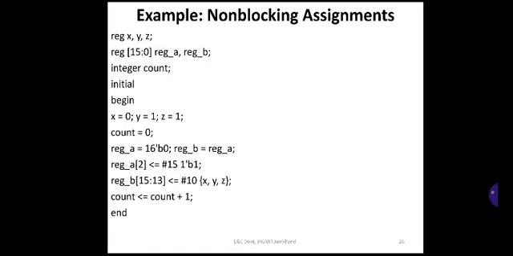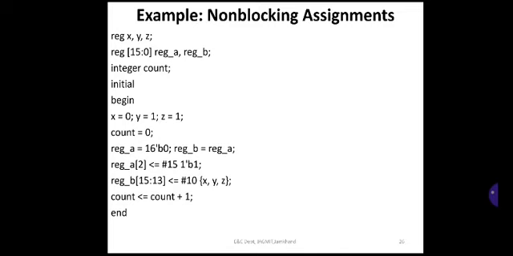These are blocking assignment operators again. Previously, the equal to operator was used as a blocking assignment operator. So x is assigned the value 0, y the value 1, z the value 1. Then count is assigned the value 0. Reg A is a 16-bit binary number with value 0, and reg B is assigned the value of reg A. All these are blocking assignment operators.